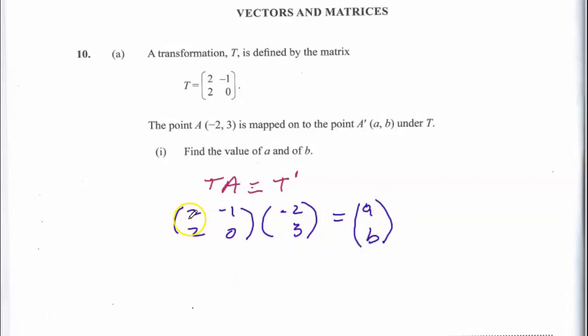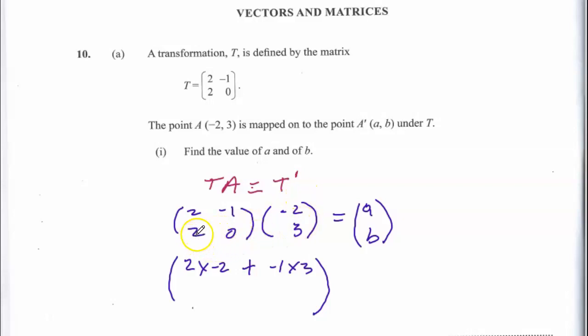Let's do the multiplication now. Remember it's rows by column. So it's 2 times minus 2 plus minus 1 times 3. And then you multiply 2, 0 by the same column.